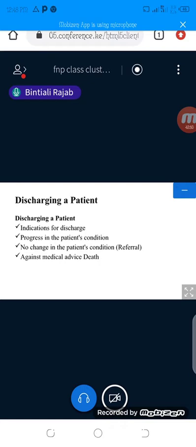So the patients are transferred for different purposes. Could be you're in an ICU and the patient has improved, so you transfer so that the patient can be in a general ward. So Emmanuel Tsuma, I think I'm answering your question. There are so many reasons why you need to transfer a patient. Basically, to continue to get specialized care, or depending on the condition of the patient, you can transfer to a specialized unit.